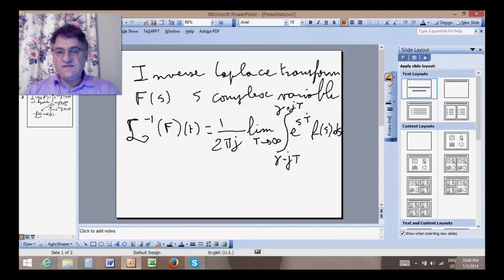To be more precise, this is a big T in the limit, and a small t in the exponent. So t is a parameter, s is the integration variable.